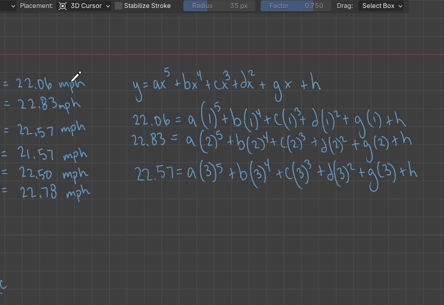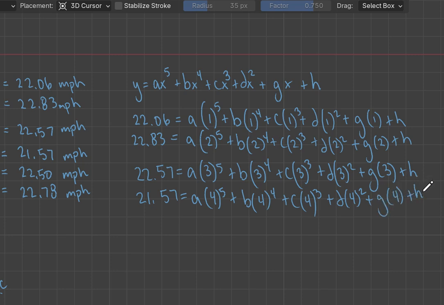For the fourth day, let's see, 1, 2, 3, 4. The fourth day is 21.57. It's equal to a. Now it's the fourth day, so x equals 4 plus b 4 to the fourth plus c 4 cubed plus d 4 squared plus g times 4 plus h.